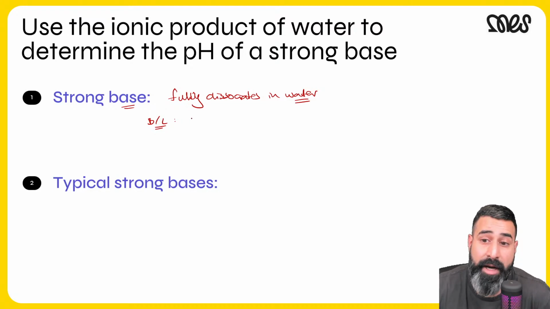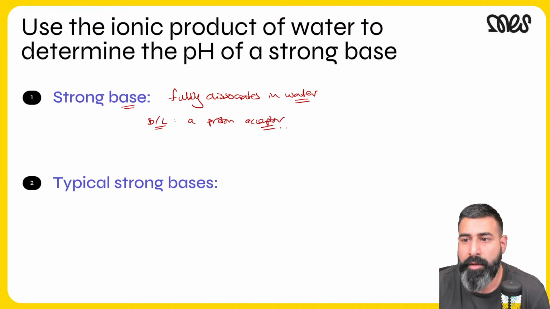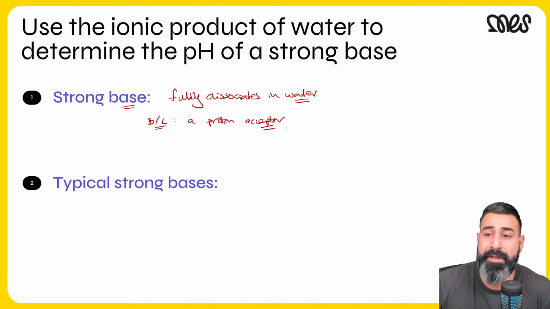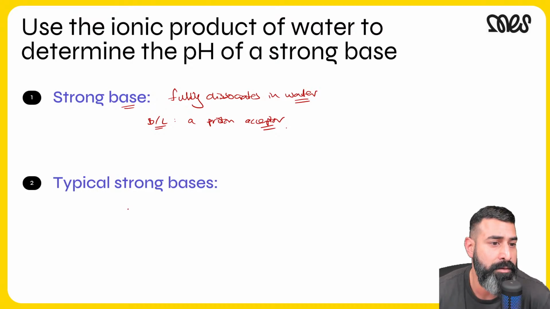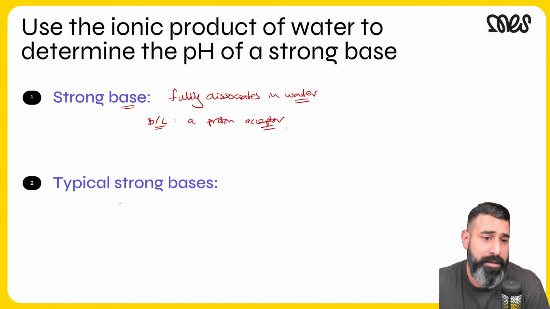A base is defined as a proton acceptor, okay? So, remember the Arrhenius definition of a base is a species which dissociates into hydroxide ions, and the Bronsted-Lowry definition is a proton acceptor. What are some typical strong bases that you should be aware of from your chemistry journey so far? I'm talking like include key stage 3, include key stage 4 up to now.